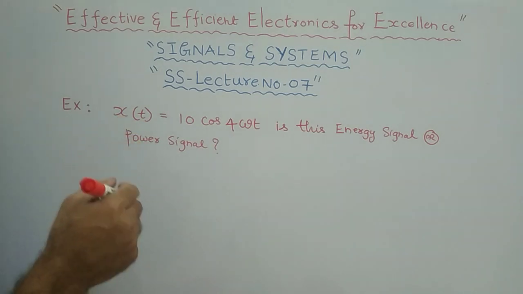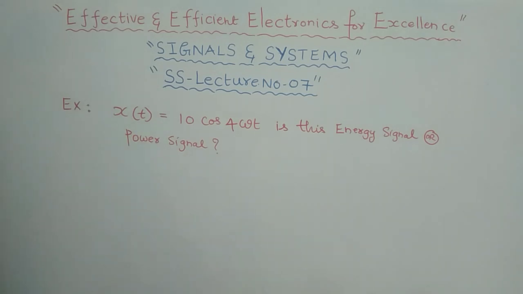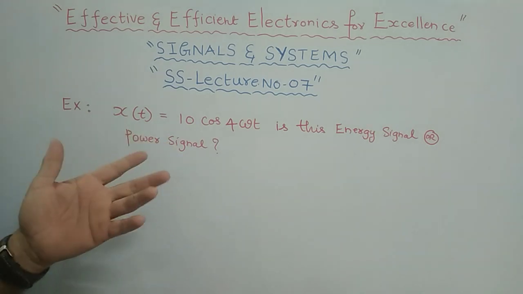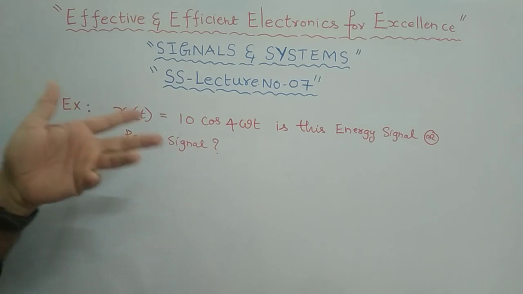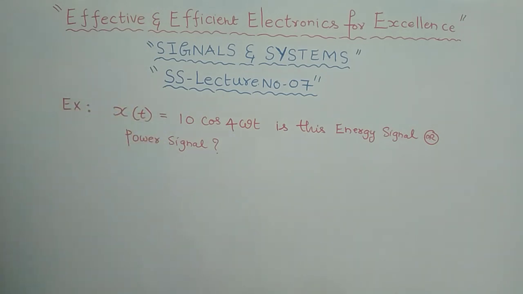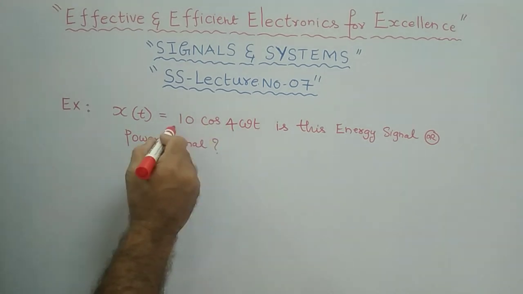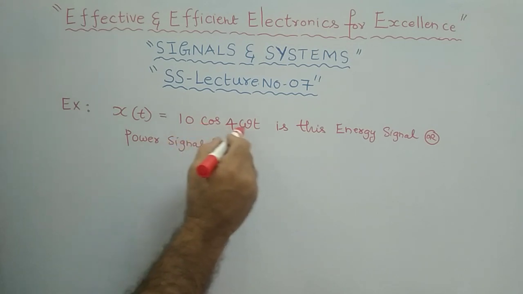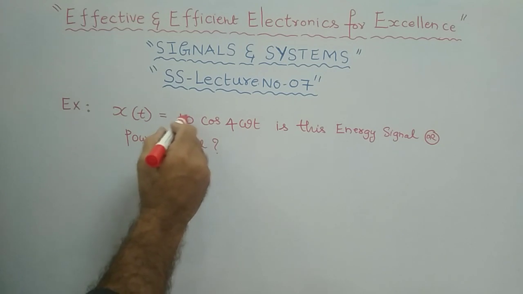In the previous presentation, we considered one example, x of t is equal to e power minus 2t into u of t. That is an exponential signal, for example x of t is equal to e power minus 2t, or sometimes x of t is equal to e power 2t. Whereas this is a cosinusoidal signal, cos 4 omega t. 10 is the amplitude or magnitude of the signal.